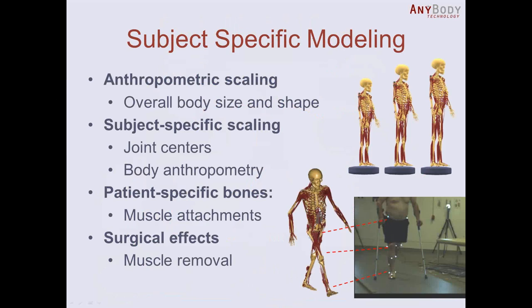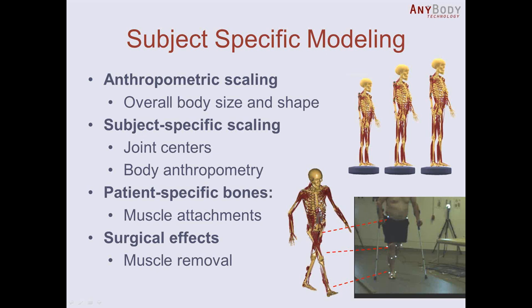So the standard model is roughly average European male. However, the model is very easy adaptable to your specific needs. So you can adjust body size and shape using different heights and weights. You can use subject-specific scaling, entering different segment lengths of tibia, femur, for example.